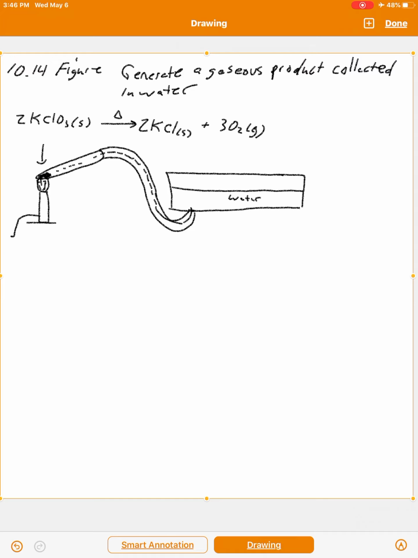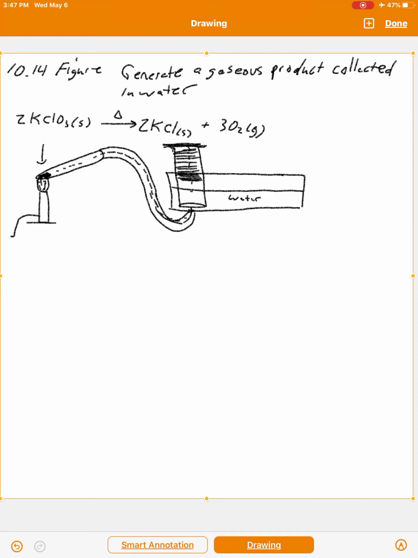Now what I'm going to do is take an upside down graduated cylinder, like so. Initially I'm going to fill it with water. It's full of water all the way to the top, which is the bottom, because we've got it upside down. As the oxygen is less dense than water, it's a gas, it'll come up here and bump up against here, begin to exert a pressure, and start pushing the water down.